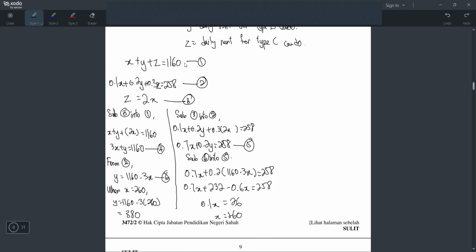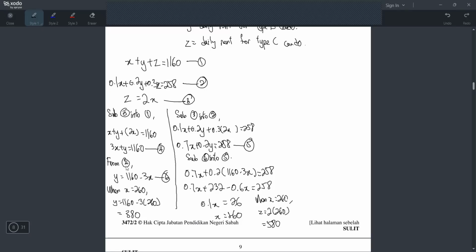You can substitute into any equation. Equation 1 also can, 2 also can, 3 also can. But equation 3 is the easiest one, right? So let's try to find z. When x equals to 260, your z equals to 2x. So your z must be 2 times 260, which is 580, right? Of course, you can substitute into equation 1 and equation 2 also, can also. You will get the same answer.